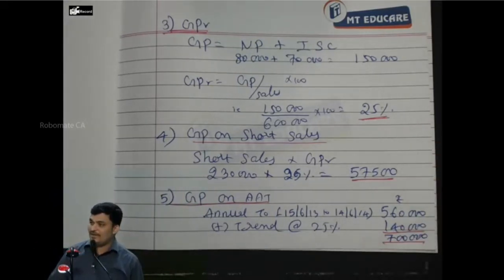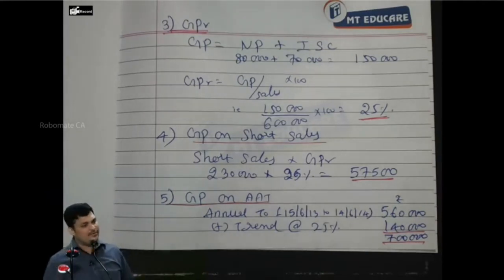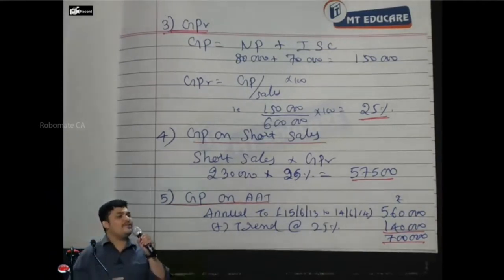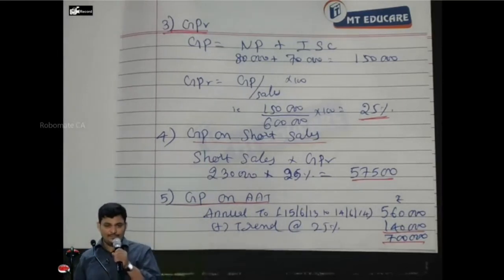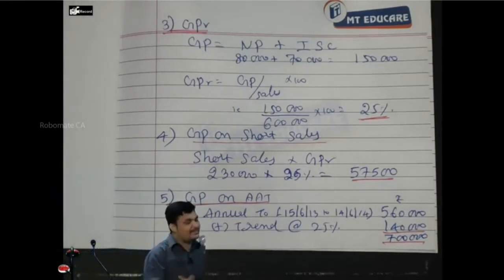Are you following this? And the reason we are doing this is that we don't know when actually the policy was taken. It doesn't mean that everybody will take a policy at the year beginning. Some may take a policy on 5th May, then for them the policy is applicable from 5th May to the next year 4th May.